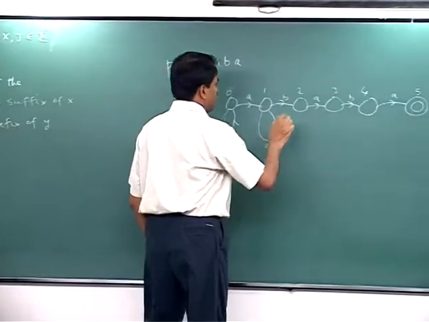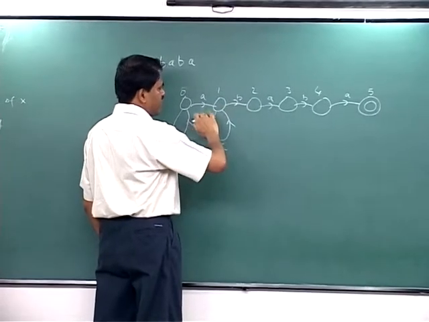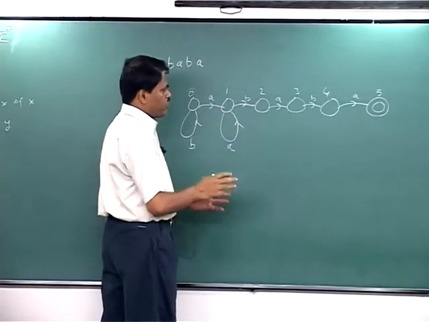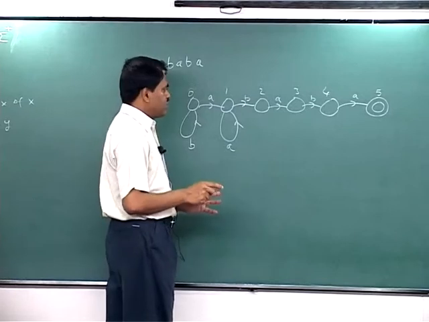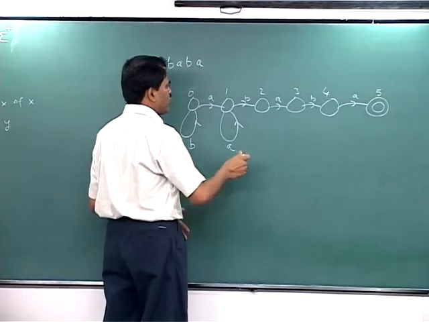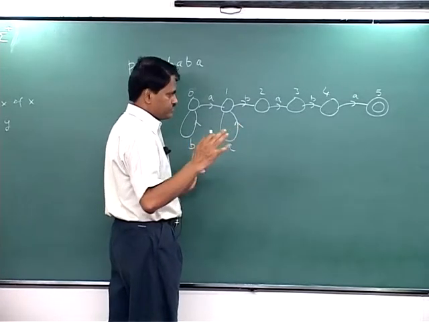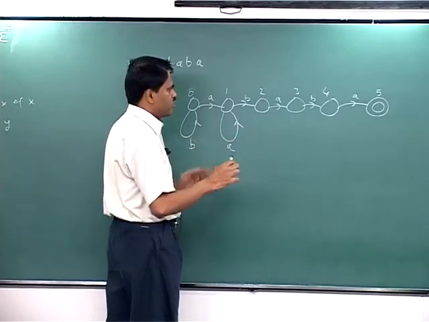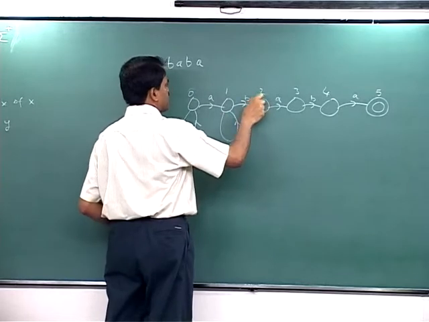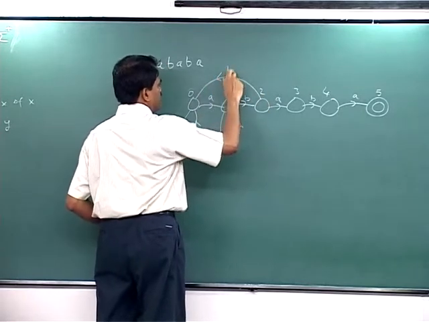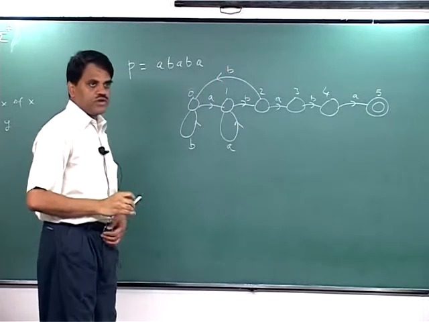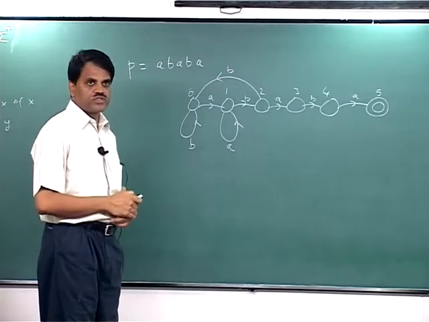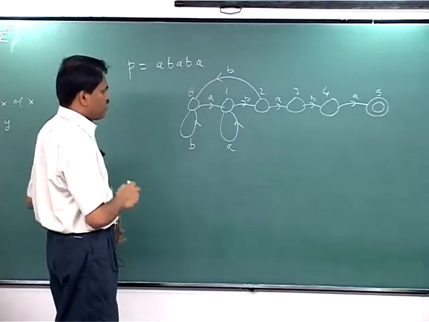Because I've seen A, B, and I'm hoping that I'm going to see this pattern, but suddenly I see a B, then I go all the way back. Okay. Now we'll come to exactly how you figure it out, but let's fill this example first. So when you see a B, you start all over because I've made a false positive, there is no string, I'm going to start all over.